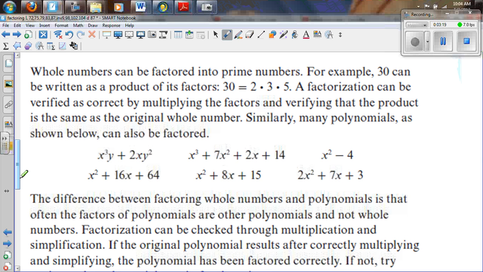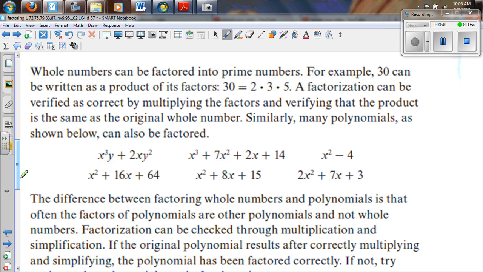So here are some examples, and we're going to go down to the bottom and do these examples in a minute, but these are examples of all of the different 6 types of factoring methods that we've done. You have to remember that they're not as simple as regular numbers factoring, like 30 is 2 times 3 times 5, because when we're done, we get polynomials out of these.